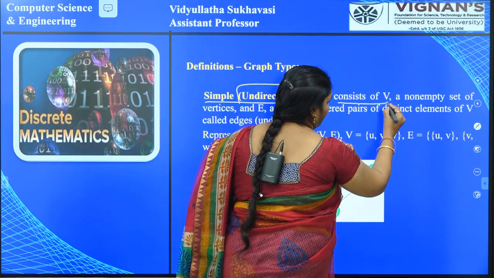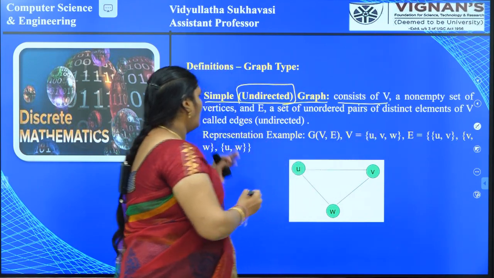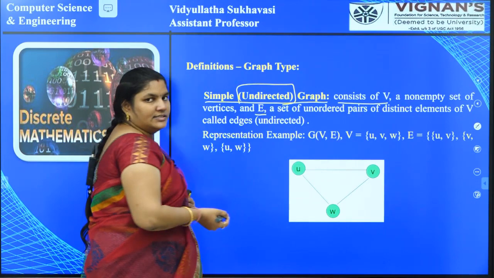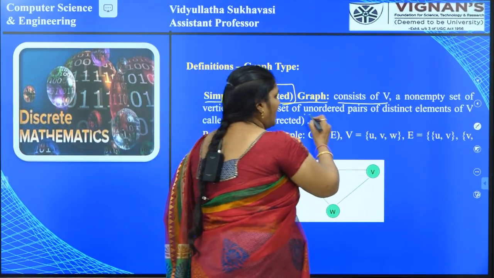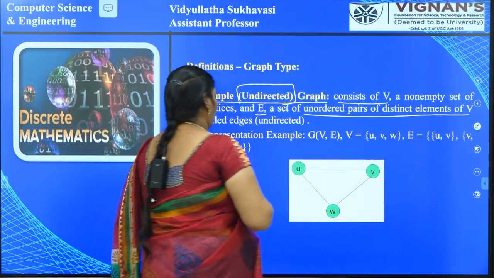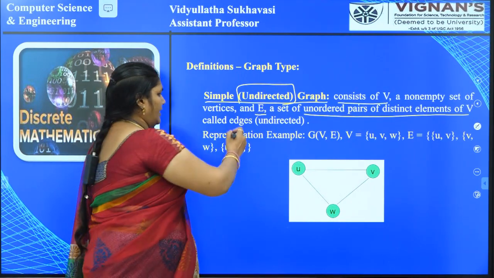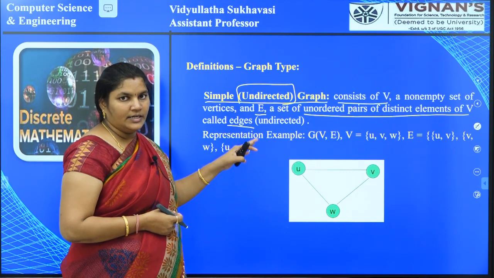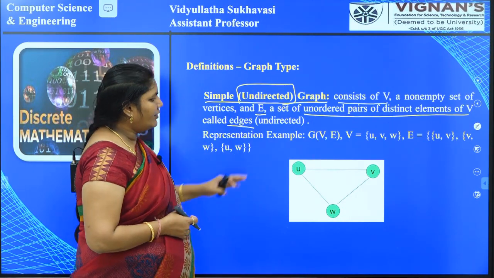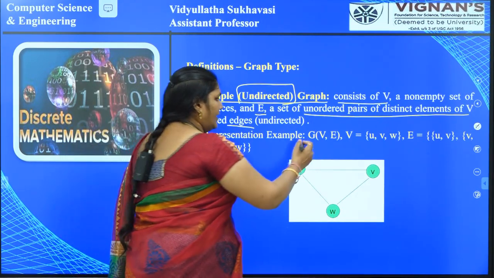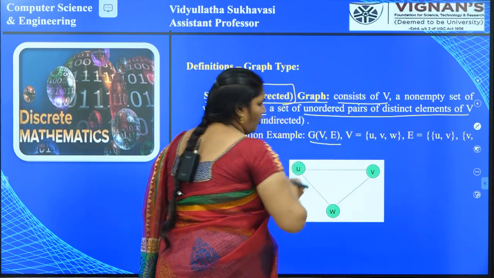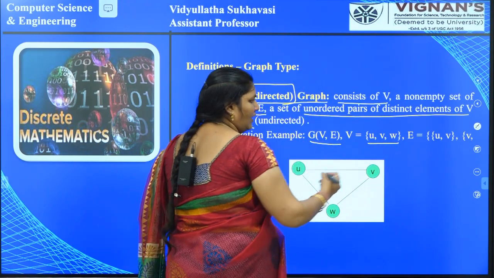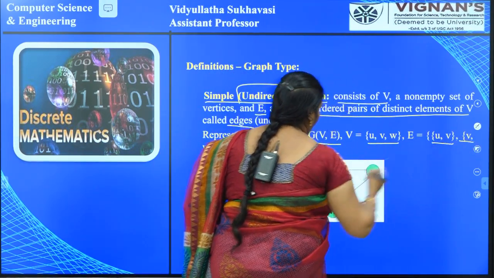It consists of V, a non-empty set of vertices, and E, a set of unordered pairs of distinct elements of V, which are called edges. A graph consists of vertices and edges. Here the graph is represented as G of V comma E, and the vertices we have taken as U, V, W, and E we have taken like this, the edges.